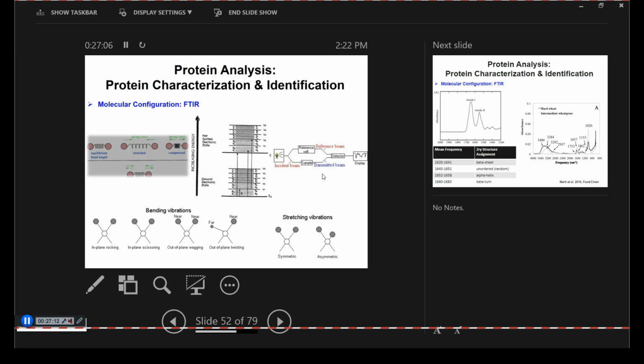In Fourier transform infrared spectroscopy, different functional groups composed of different types of bonding absorb IR radiation, due to bending or stretching of the bonds.